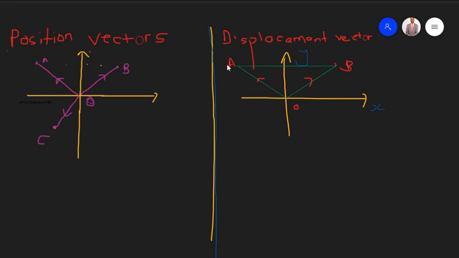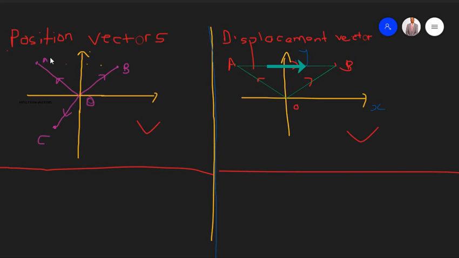You see that I am coming from A to B, not from the origin. If you are not coming from the origin, that's not a position vector. It's a displacement vector. Now we can spot the difference between position vectors and displacement vectors.